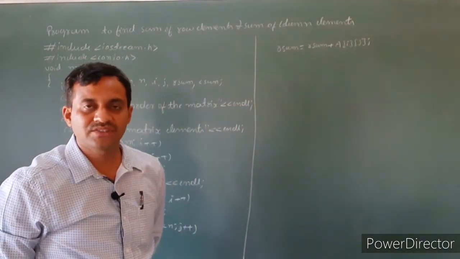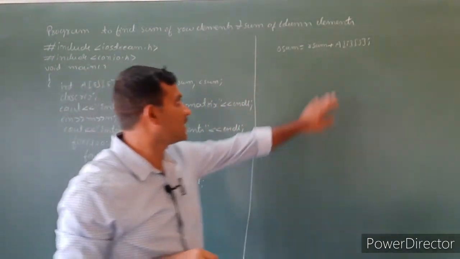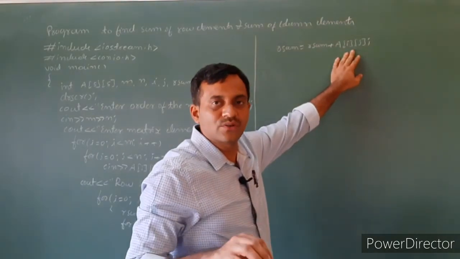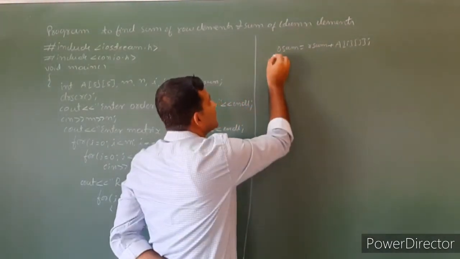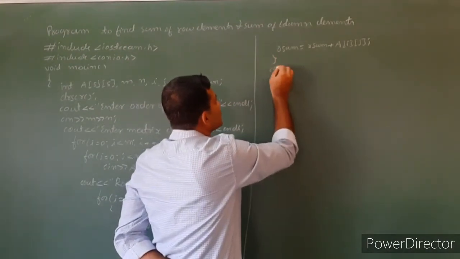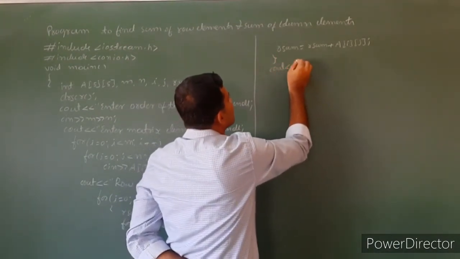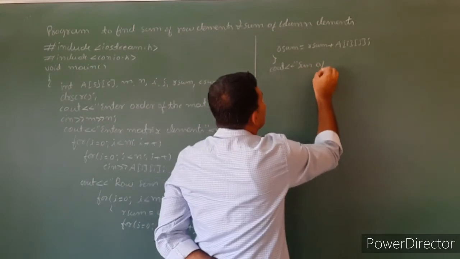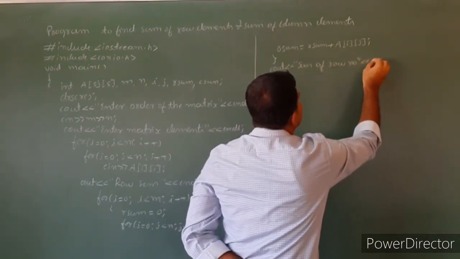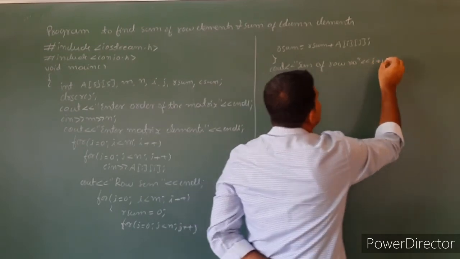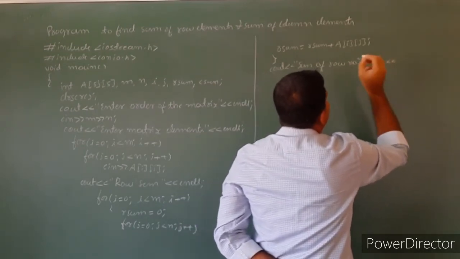Here the row sum value is 0. You have to access all the elements from the first row, then assign to the temporary variable rsum. When the inner for loop terminates, output sum of row number i plus 1.